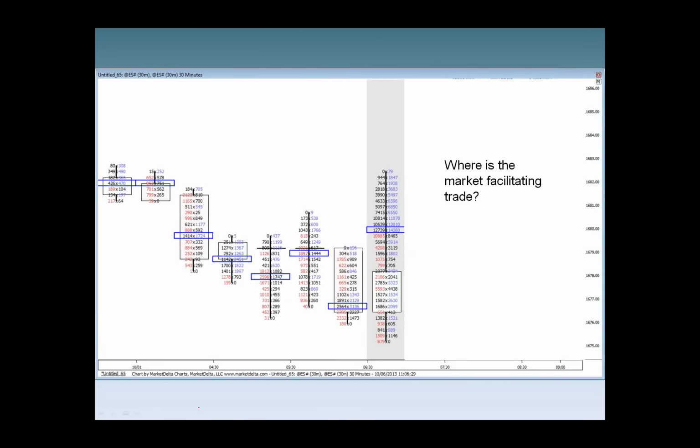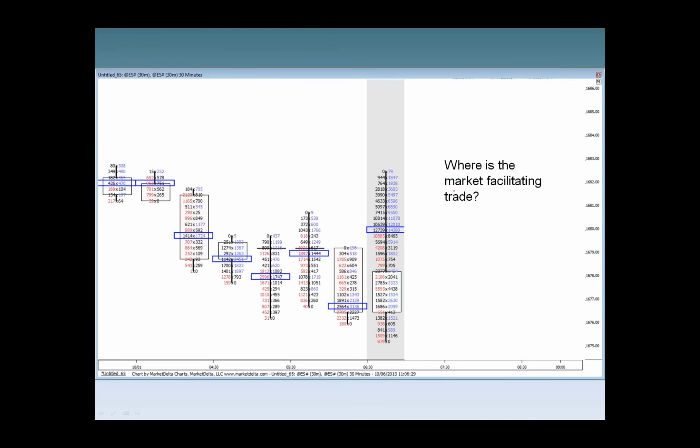The footprint now is going to help me immensely in making this decision, because I'm going to use another very important concept that comes to us from the profile, and that is the concept of being able to determine the direction of the market based on where the market is facilitating trade.